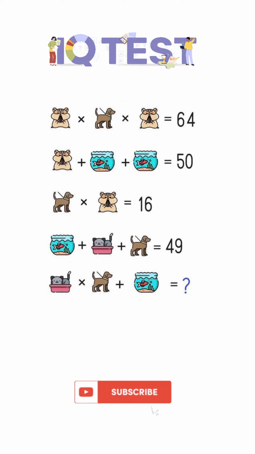The aquarium with the small fish is 23. And then we have the cat to be 22. So overall, our answer is 22 multiplied by 4 plus 23. And this is going to give us 111 as our answer. All right.